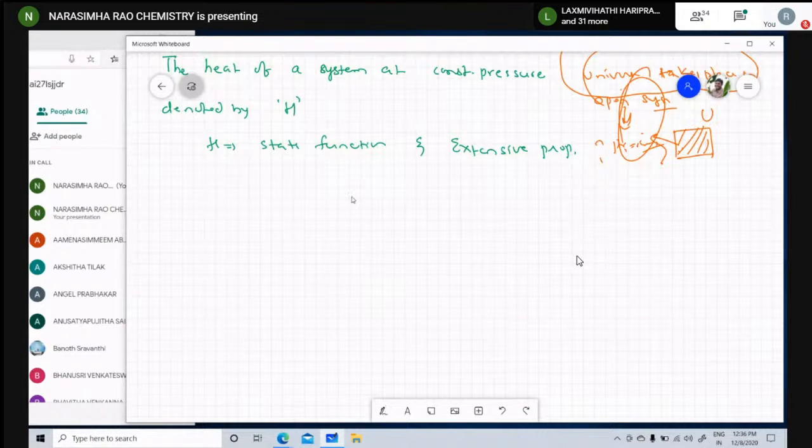Before going to that, state function, extensive property. So it cannot be determined directly. It cannot be determined directly, but its change can be calculated.